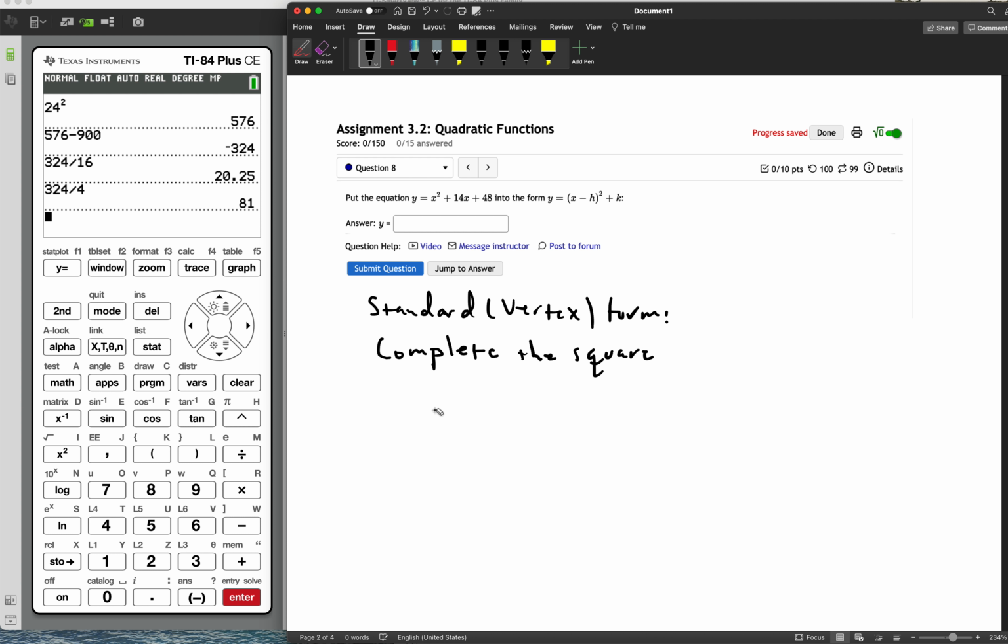In this method, we have y equals, we want to take half of the middle term, that's half of 14, and square it. So 14 divided by 2 squared is 7 squared, which is 49. Now, according to the method of completing the square, we want to add 49 to each side.